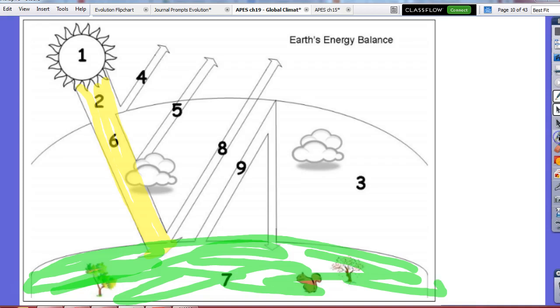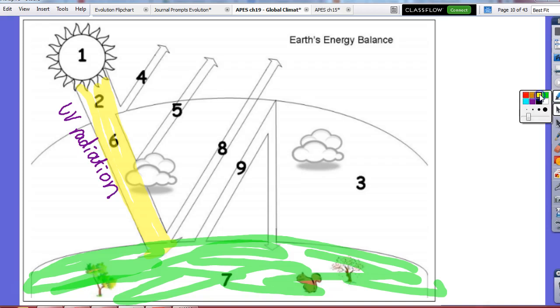If you would like, you can label this. This is UV radiation. So ultraviolet, sunlight basically. So UV radiation, that's coming into the earth.